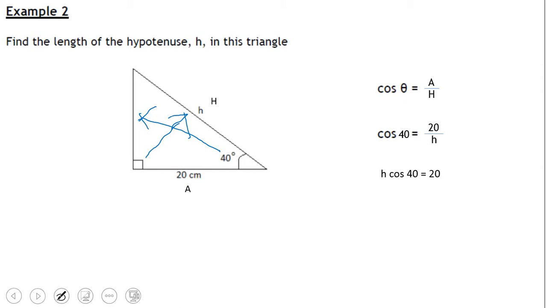We want the H on its own, so dividing both sides by cos 40, we get H is equal to 20 divided by cos 40. Sticking this into a calculator, we get that H is equal to 26.1 centimeters to 3 significant figures.